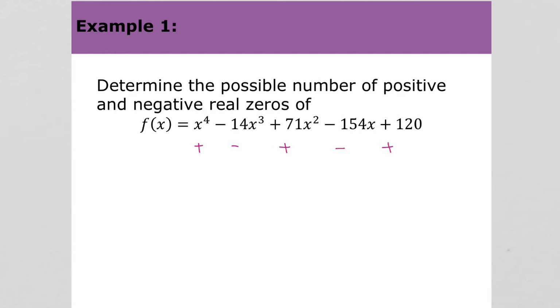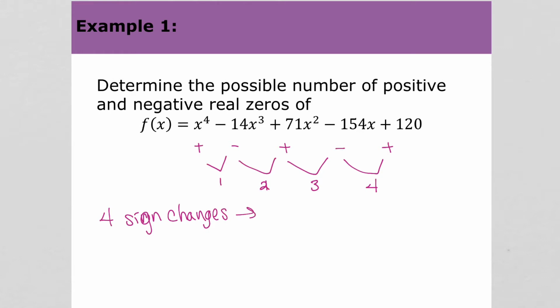How many sign changes are there then? 1, 2, so positive to negative, negative to positive, positive to negative, negative to positive. There's 4 sign changes. So that means that there are 4 or less than that by an even number, so 2 positive real zeros.